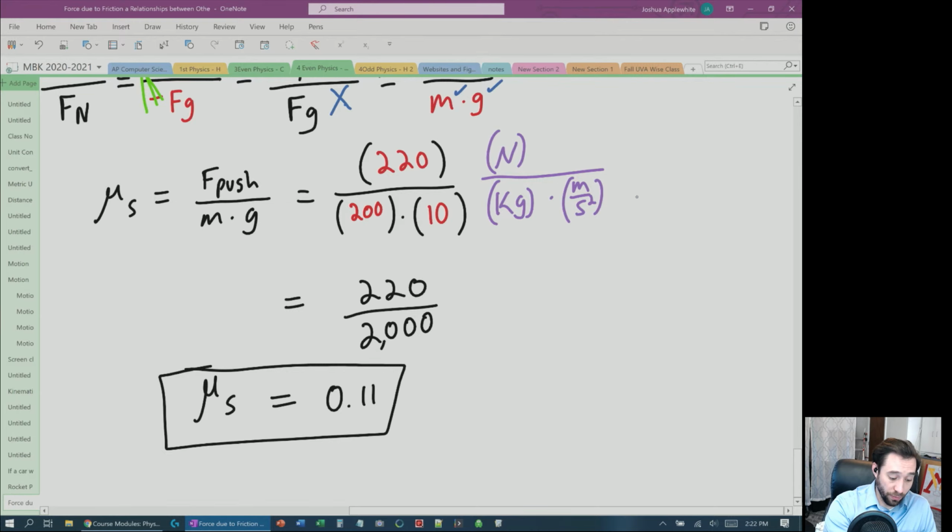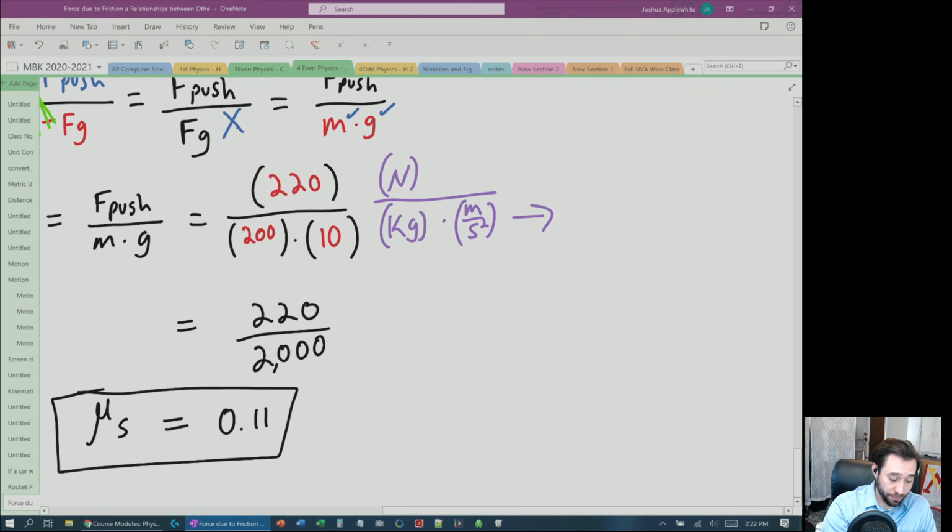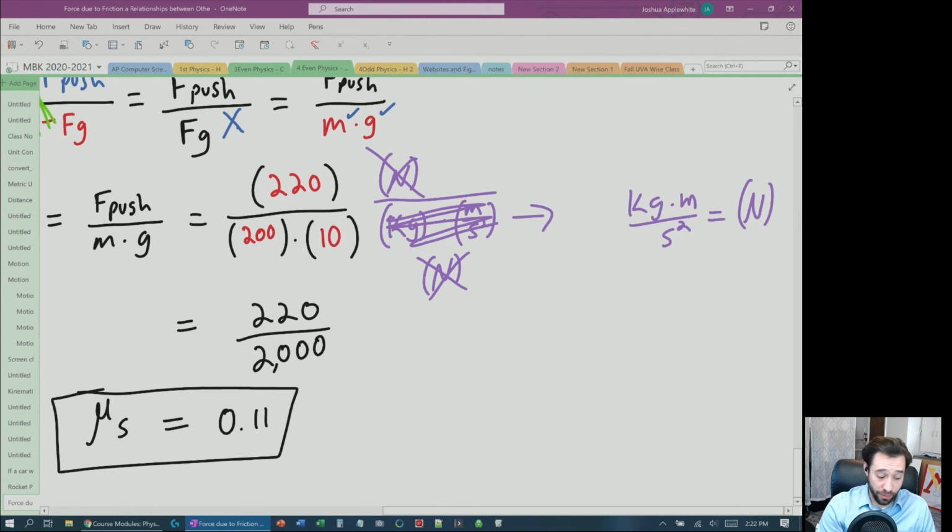And we know from a while ago that a kilogram times a meter over seconds squared is equal to a newton. So that means I've got a newton over a newton. That will cancel out, so there are no units.